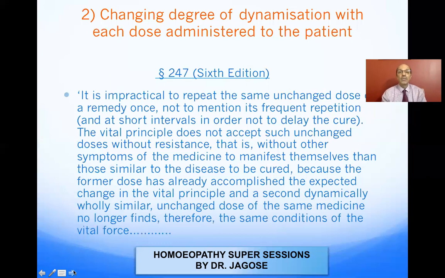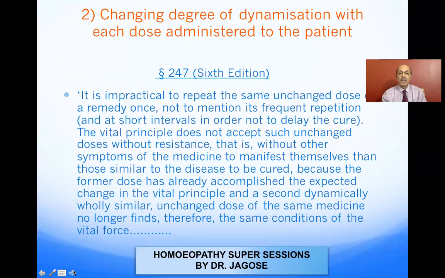Regarding changing the degree of dynamization with each dose administered to the patient. In aphorism 247 of the 6th edition, Hahnemann says, it is impractical to repeat the same unchanged dose of a remedy once, not to mention its frequent repetition at short intervals, in order not to delay the cure.